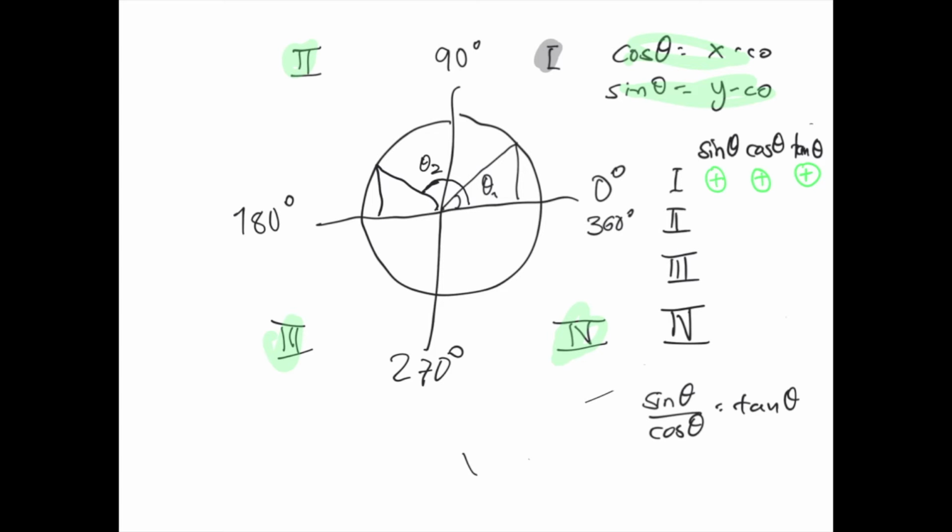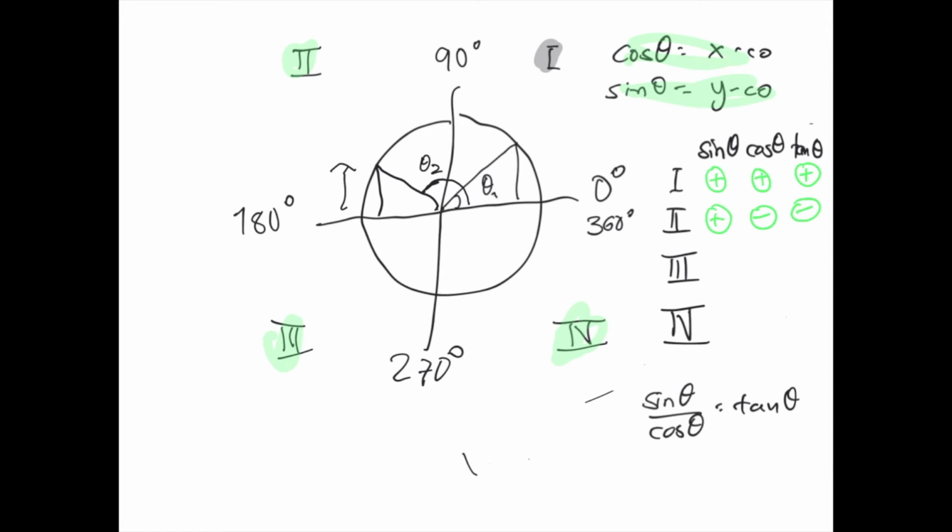Here we can see that sine theta is still positive because it is still above the x-axis. Therefore, sine theta is positive. However, cosine theta is negative because the triangle is to the left of the y-axis. And because we are dividing a positive by a negative, tangent is negative as well.